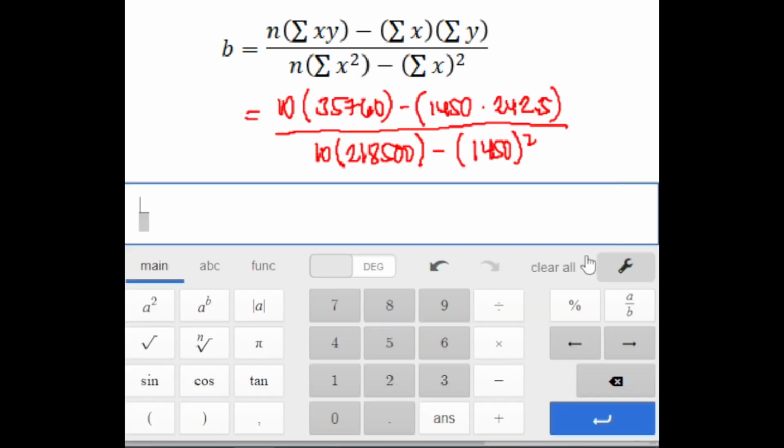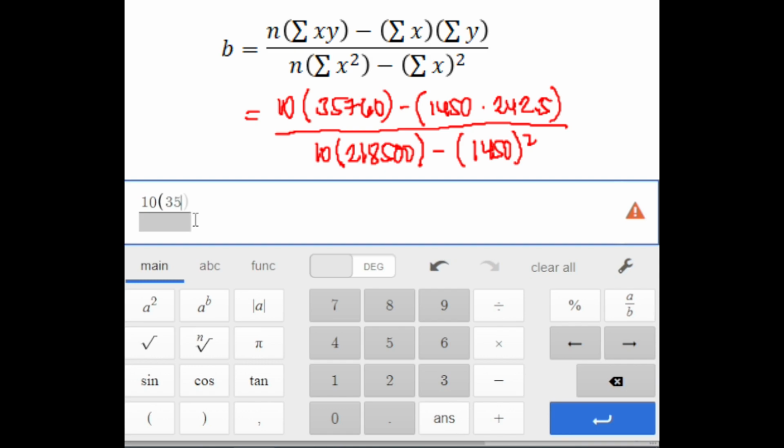Fraction po, so 10 times 35,760, minus yung product ng 1,450 and 242.5.